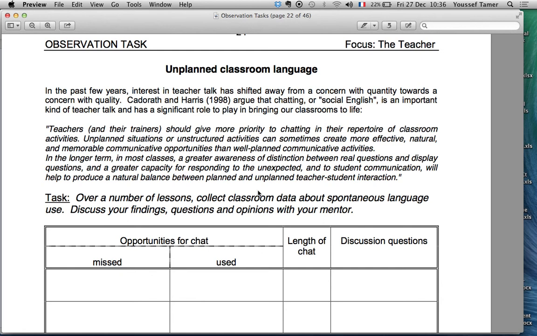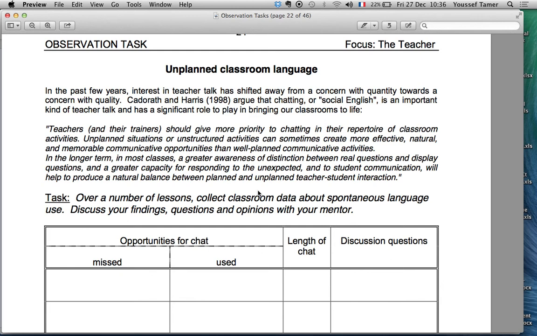But it is recommended now that teachers should refer to social language, some kind of informal interaction that should take place in the classroom setting. Why? Because it is estimated that it can give life to the classroom, okay? And I think it does.